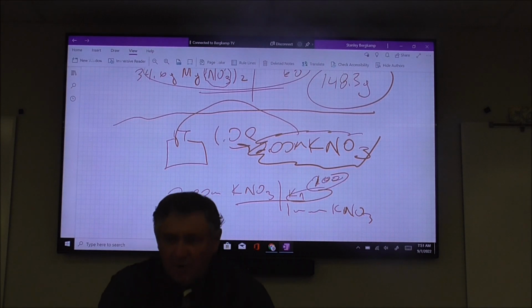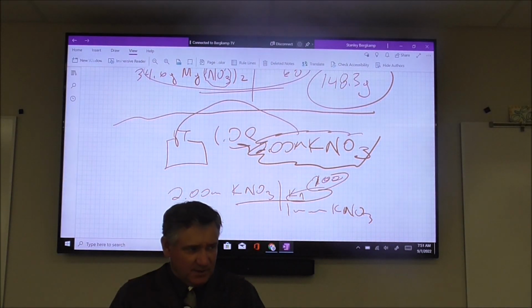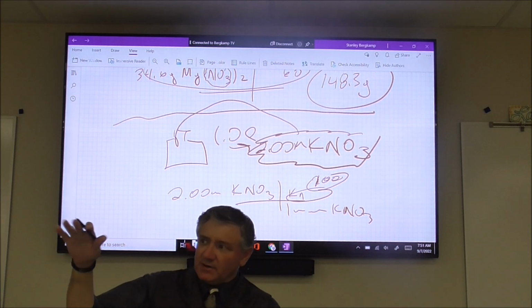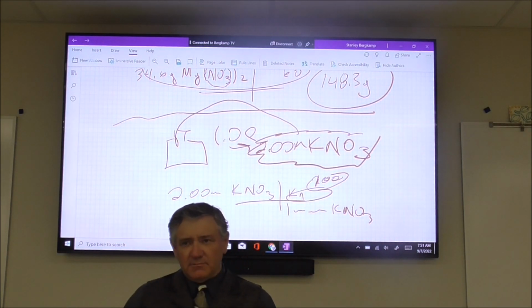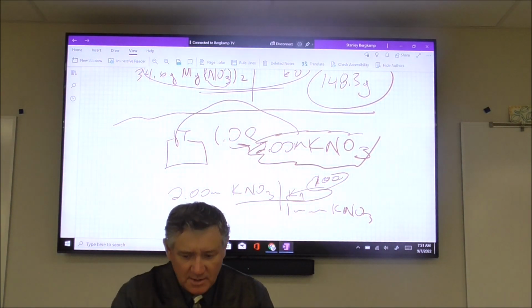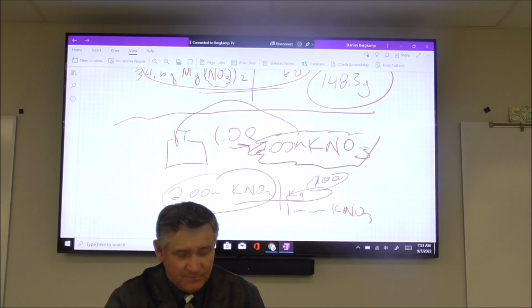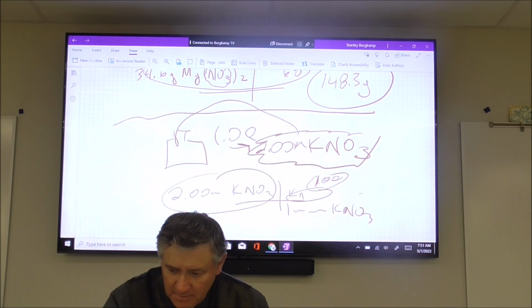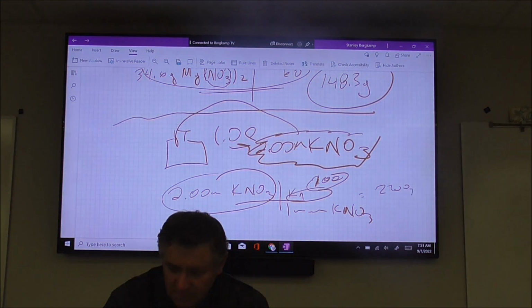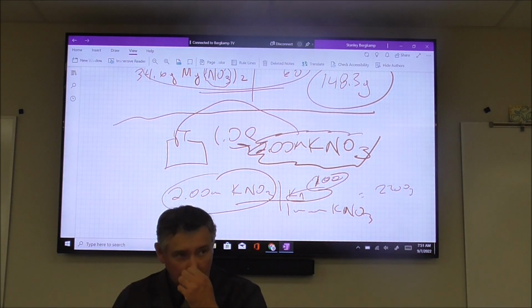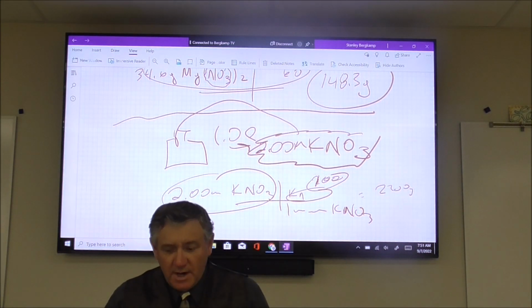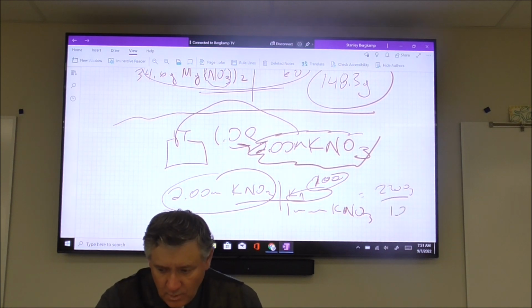So 1 mole of potassium nitrate is around 100 grams. That's an ish, but it's around 100. So if I'm going to make a 2 molar solution of this stuff, then I'm going to end up with about 200 grams. But here's what's important: that's 200 grams per 1 liter.